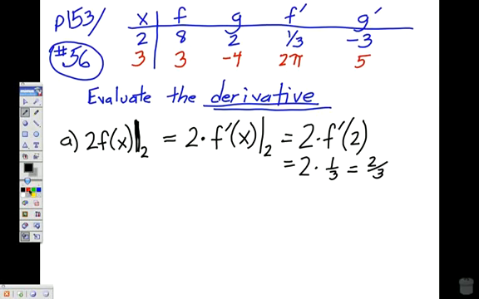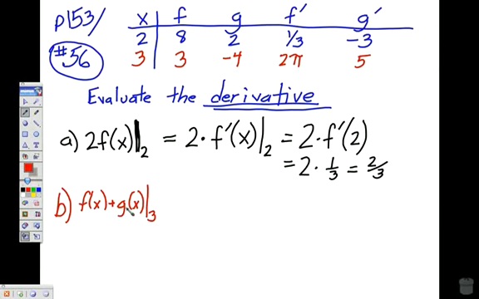All right, let's do part B. Part B is f of x plus g of x and we're doing this at x equals 3. Okay, the f plus g at x equals 3 would be 3 plus -4, which is -1.